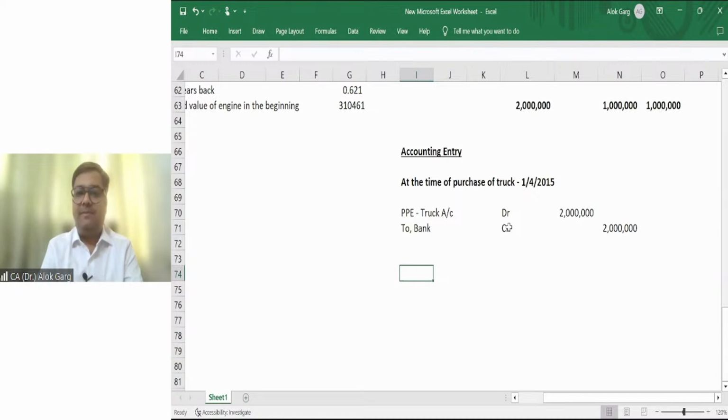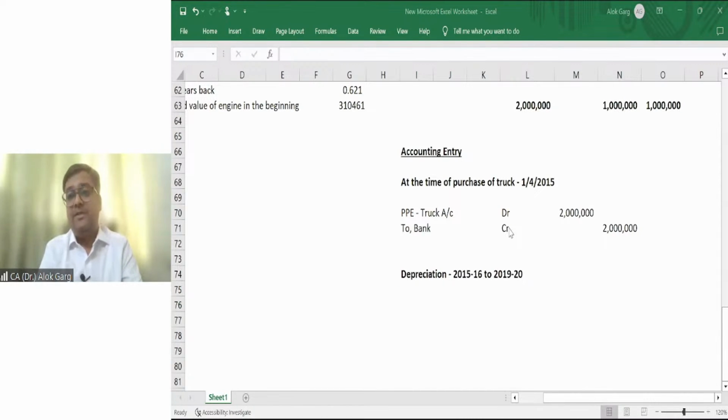Now you need to charge depreciation. So depreciation you have charged from 2015-16 to 2019-20, 5 years of depreciation, right? What is the accounting entry?